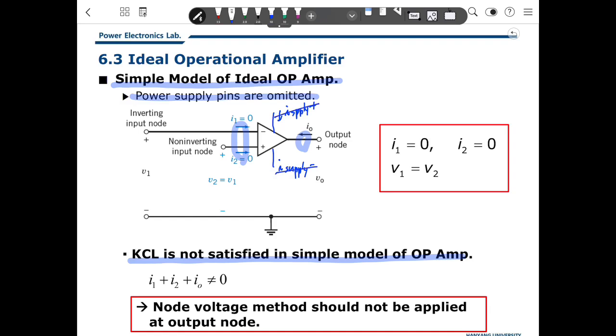When you use this ideal op-amp, we should remember these equations: because the input resistor is infinity, the current going into the op-amp from the inputs, I1 and I2, should be 0. And this voltage and this voltage are the same.